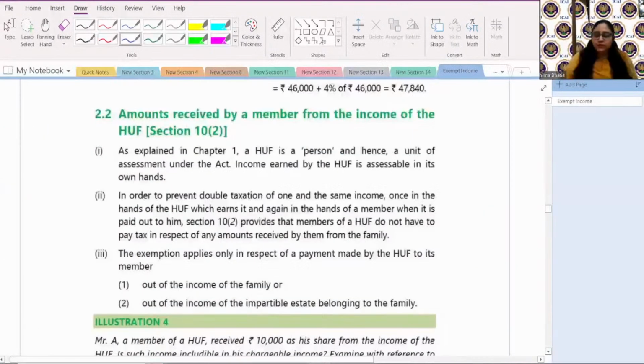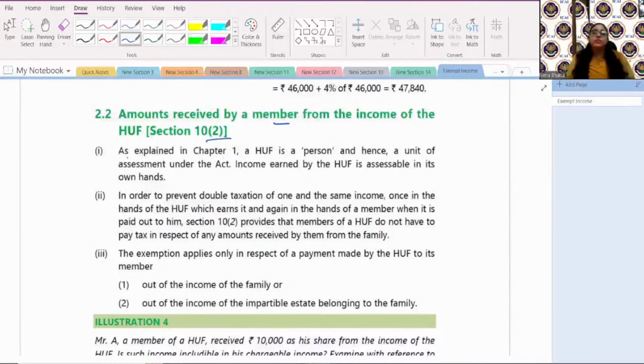Now we move ahead to other list of exempt income. Going forward, there are very easy exempt incomes. Just you have to understand what the section says, what the clause says, and what are the conditions in relation to the clause. Let's start. This is section 10 clause 2, which says that HUF member को जो share HUF से मिलेगा, that would be exempt.